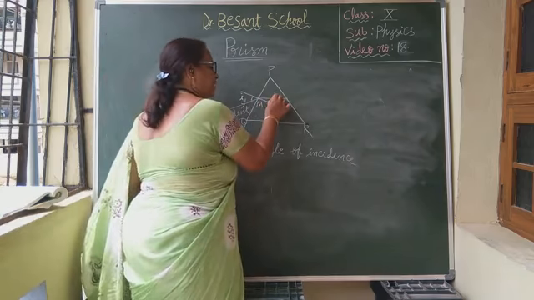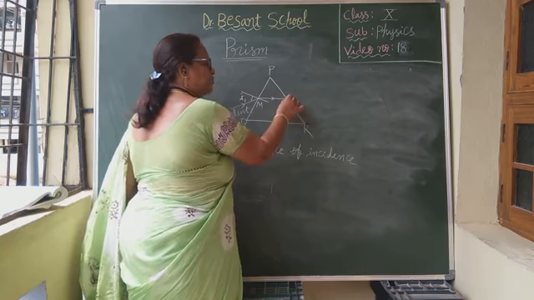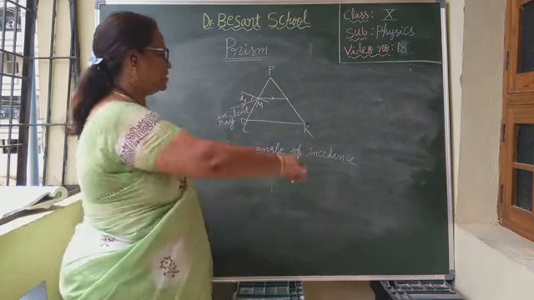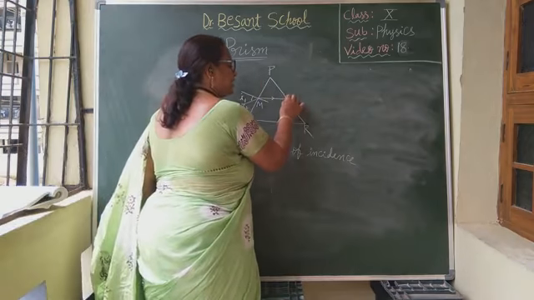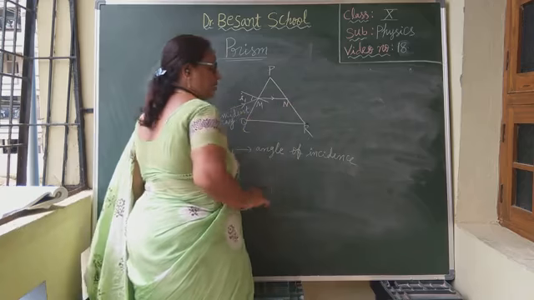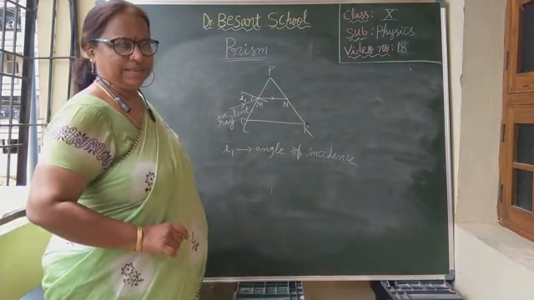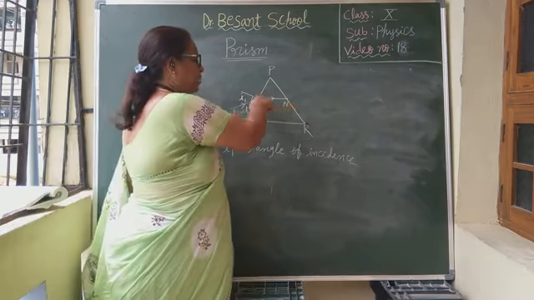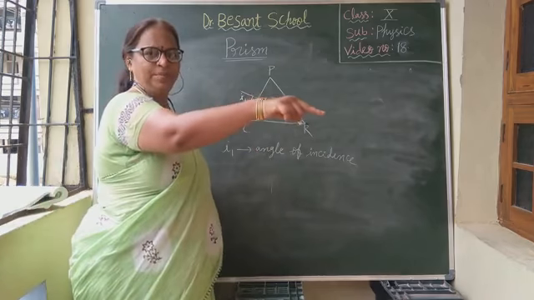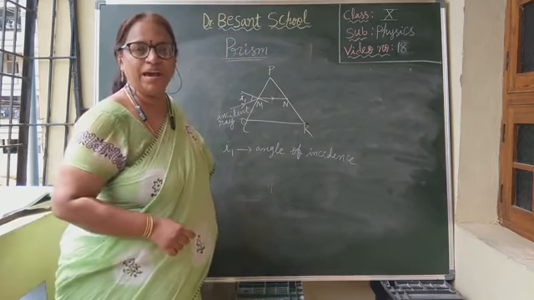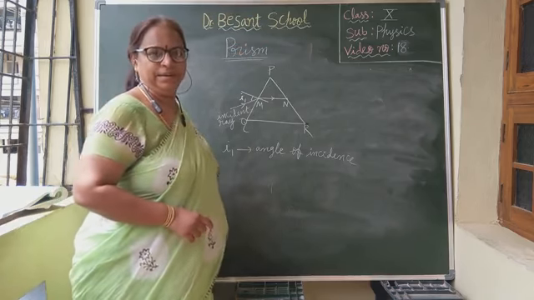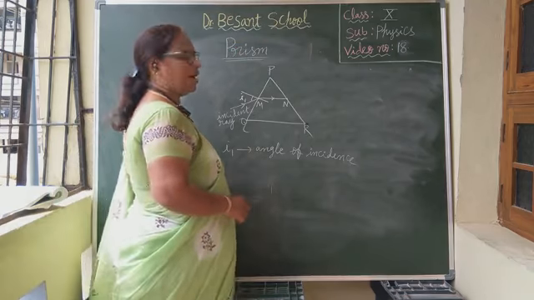This refracted ray touches the other plane surface PR at point N. Understanding, children? This refracted ray passes through the prism and touches the other plane surface PR at point N. After touching that, what will happen?